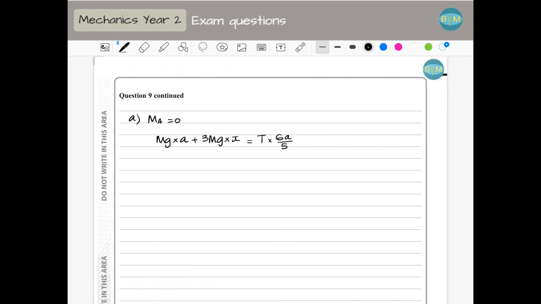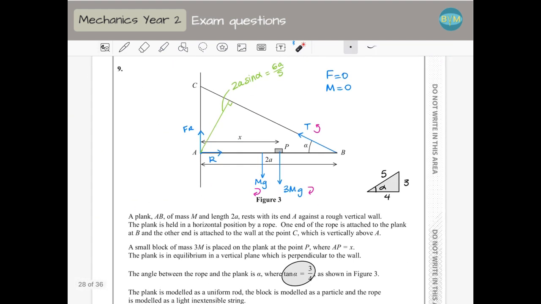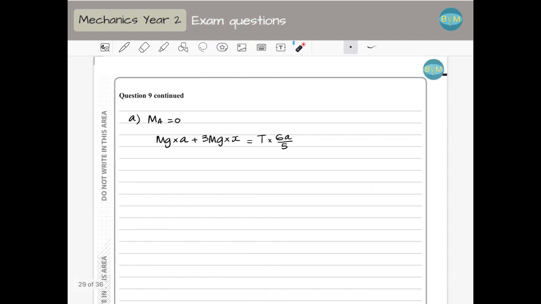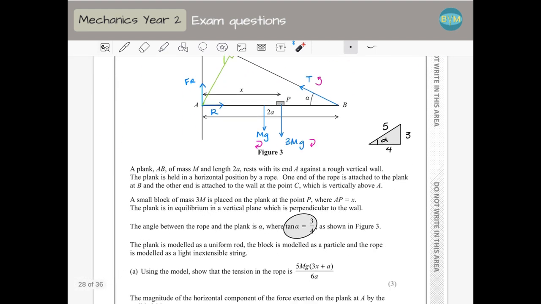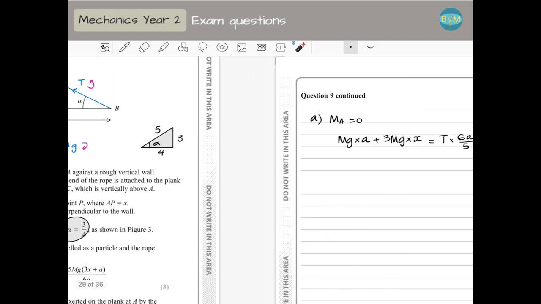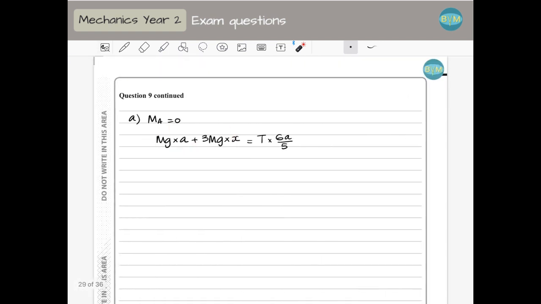So if I multiply everything by 5, but they have the 5 outside, so actually I'm not going to multiply. I have a bracket. I'm just trying to think how we can write this faster. So I'm going to factorize this thing here with mg outside.